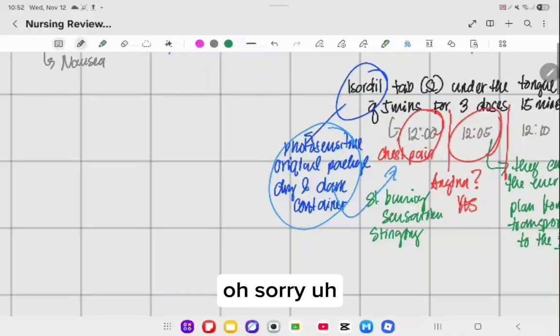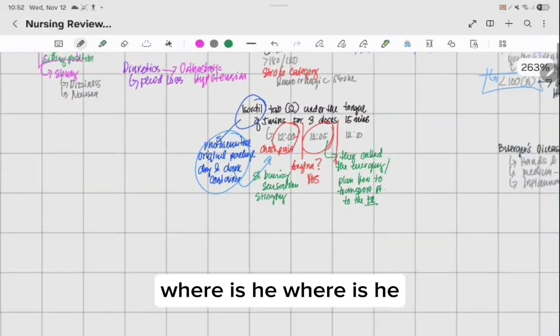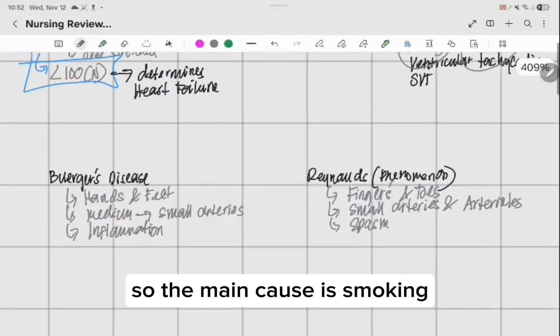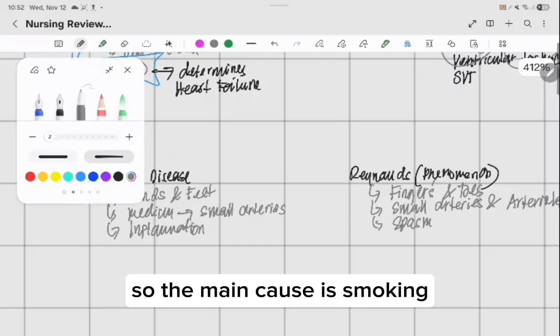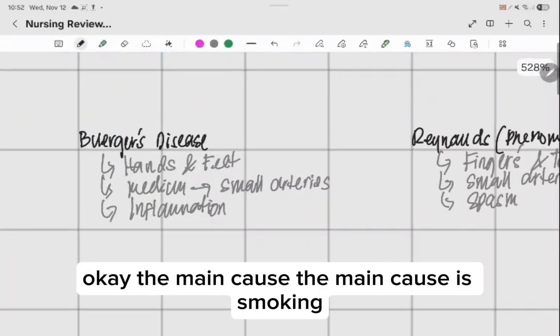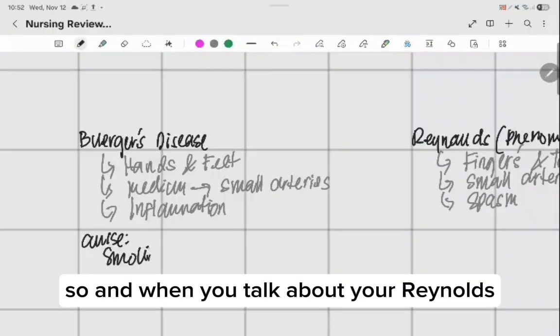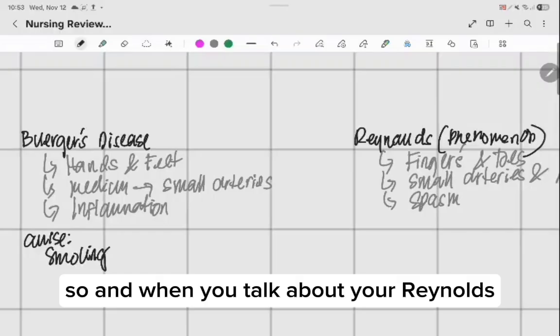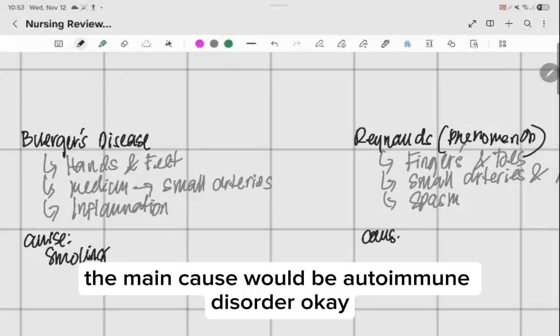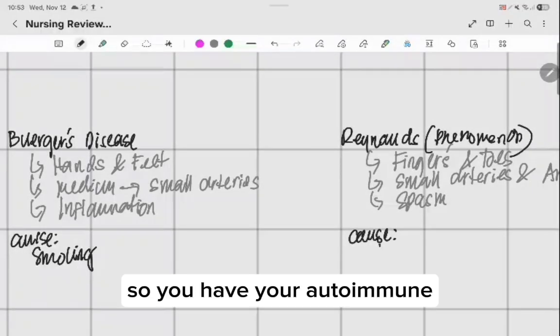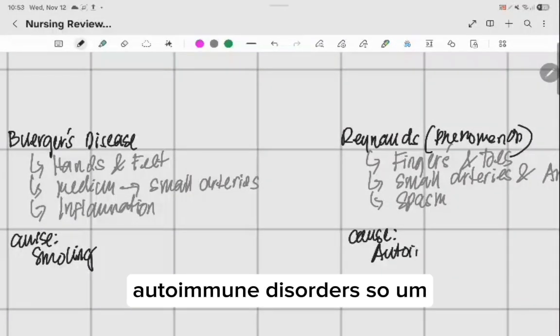Okay. The main cause is smoking. And when you talk about Raynaud's, the main cause would be an autoimmune disorder.